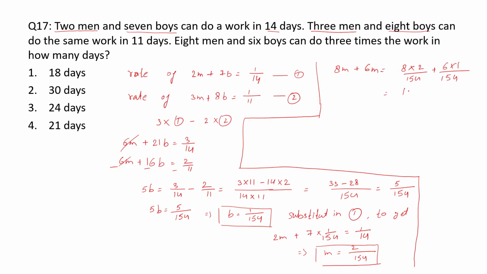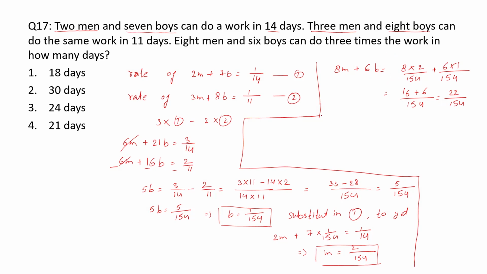So 8 into 2 is 16, plus 6, upon 154. That is the rate of 8 men plus 6 boys. It becomes 22 upon 154.